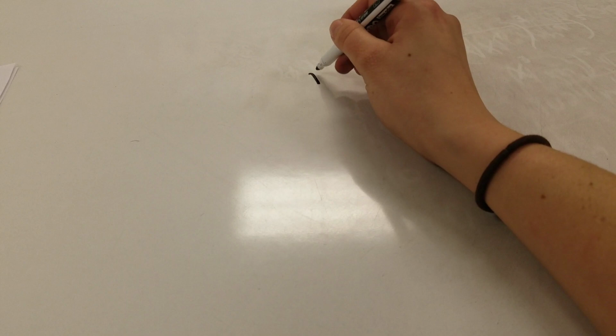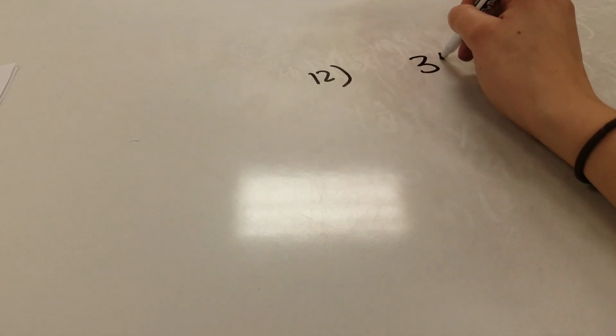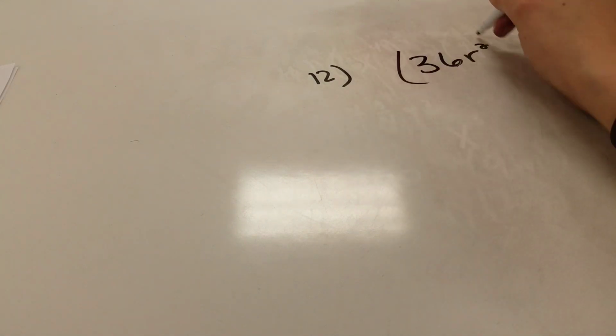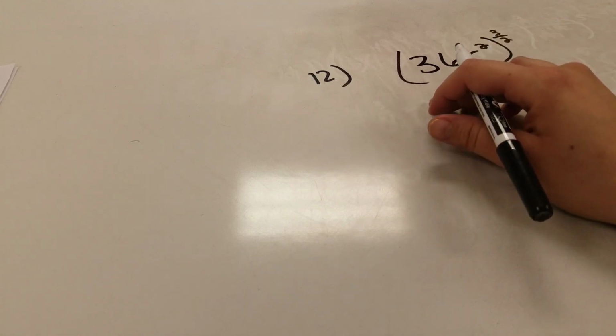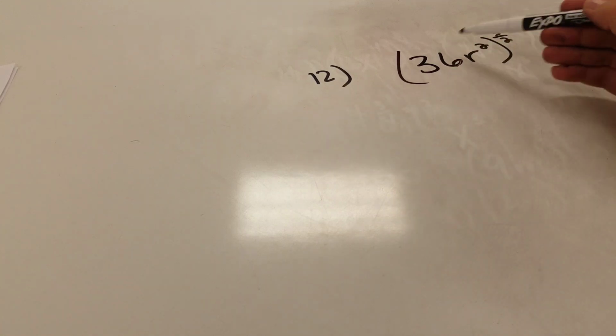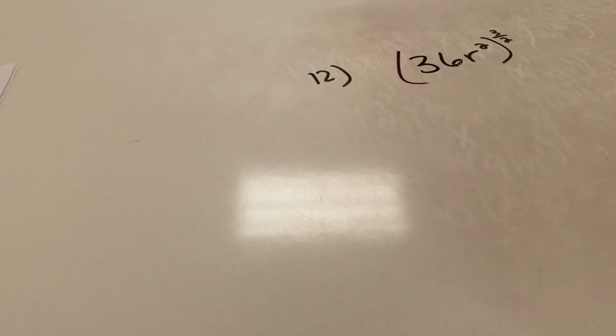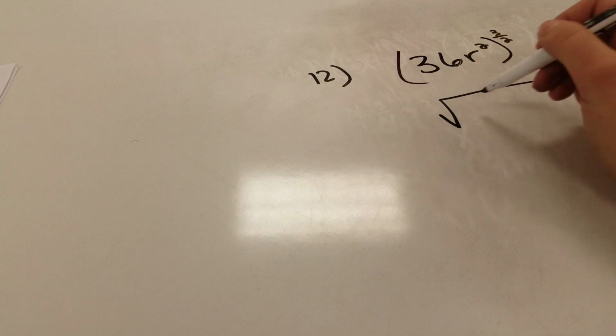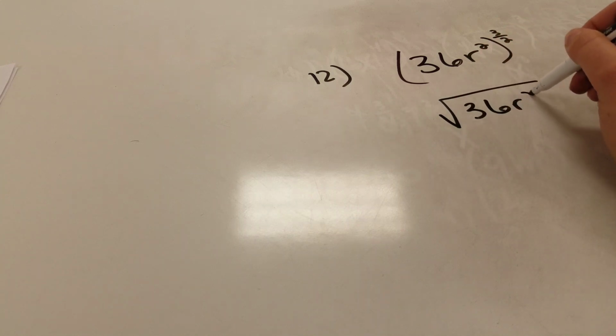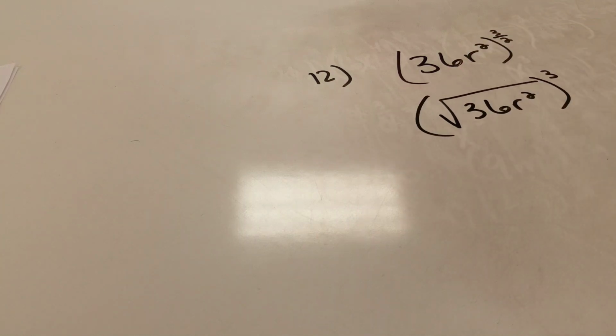And then the last one, number 12, we have 36r squared to the 3 halves. So again, we can either multiply through and reduce, or we can just rewrite it as a radical. So we would have the square root of 36r squared, and then raised to the 3rd power.